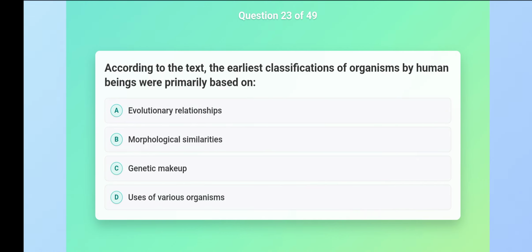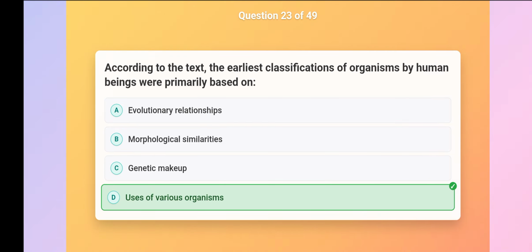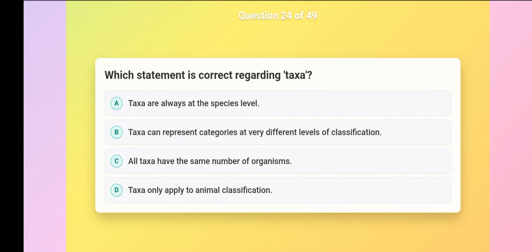According to the text, the earliest classifications of organisms by human beings were primarily based on uses of various organisms. Which statement is correct regarding taxa? Taxa can represent categories at very different levels of classification.